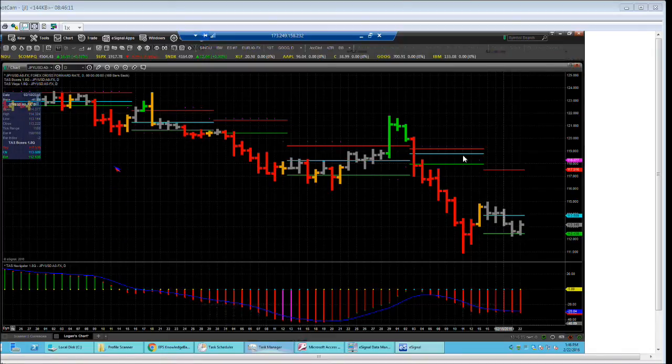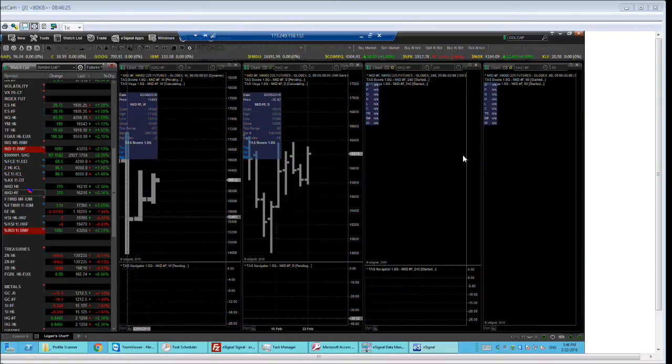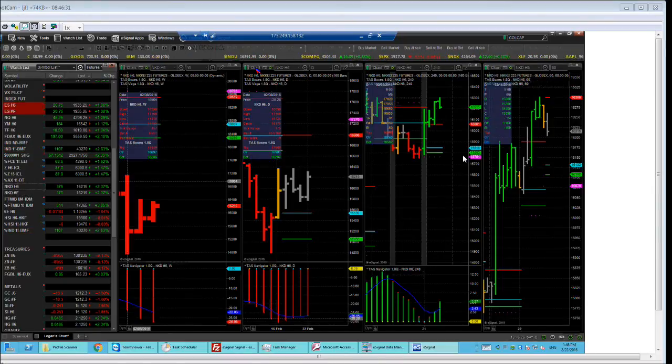So we could be bouncing off some pretty good support down there. So again, the probability trade on the Nikkei could be that we have a bounce in the next few trading sessions, and because it's gone down so much, we could get a pretty powerful bounce.